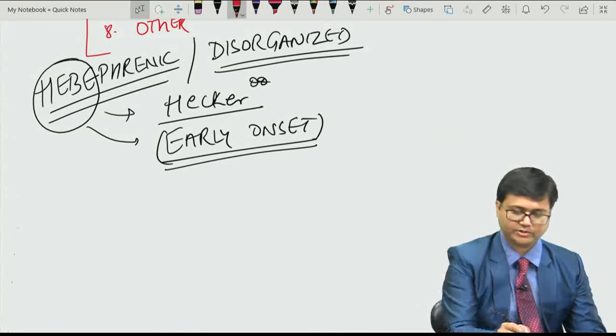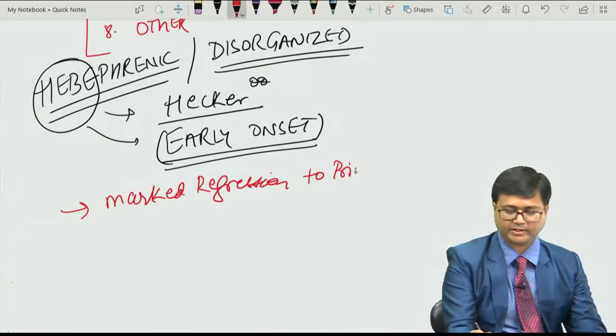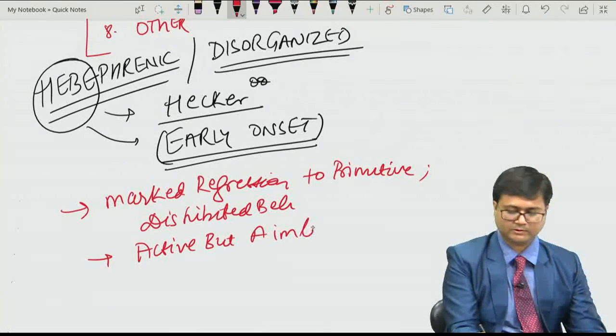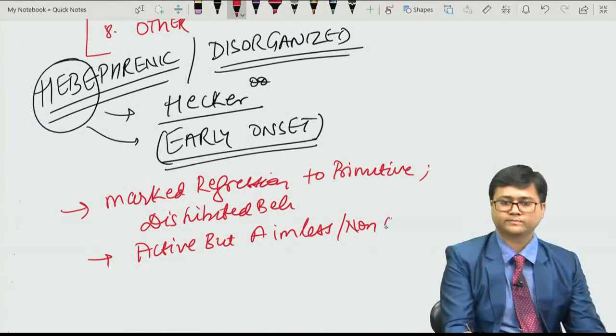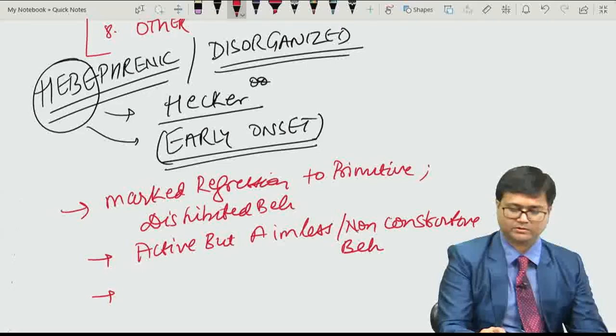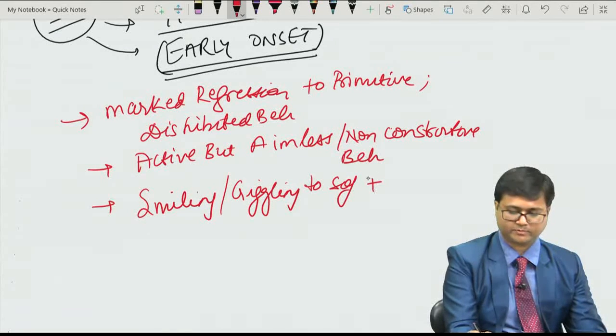Now, clinical features include that there is marked regression to primitive disinhibited behaviors. Then there is active but aimless non-constructive behavior, smiling or giggling to self is present.